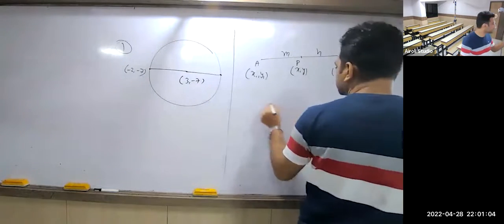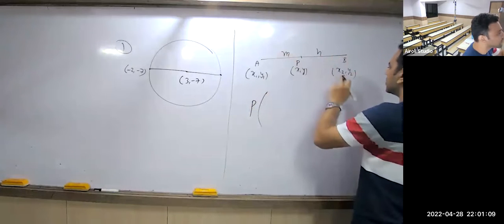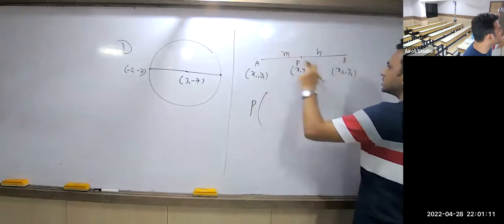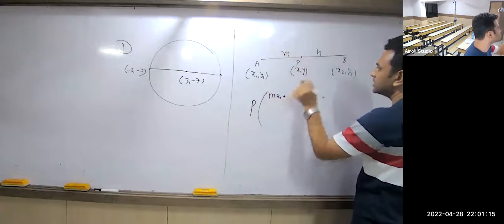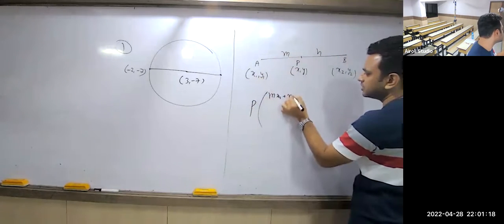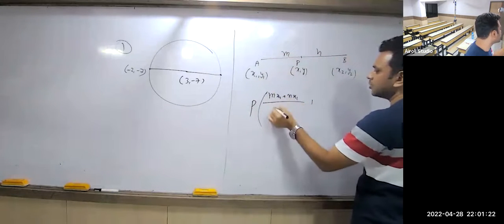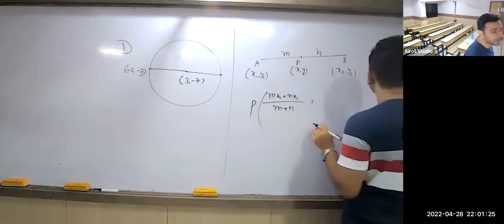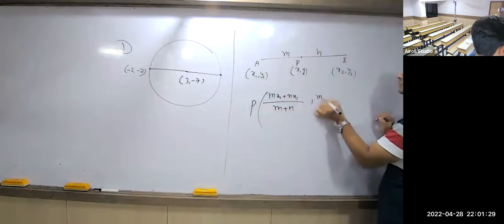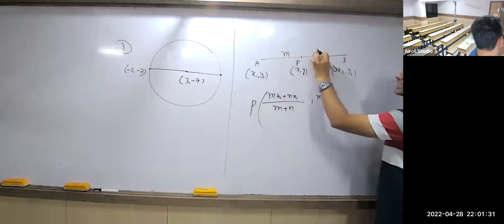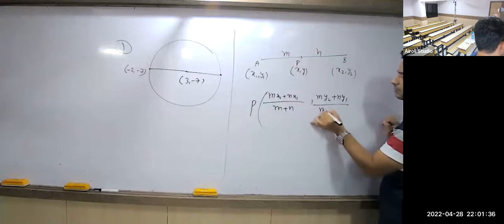For this we have the section formula: x equals (m times x2 plus n times x1) upon (m plus n). We have to take the opposite coordinate. In a similar way, we can find the y coordinate: y equals (m times y2 plus n times y1) upon (m plus n).